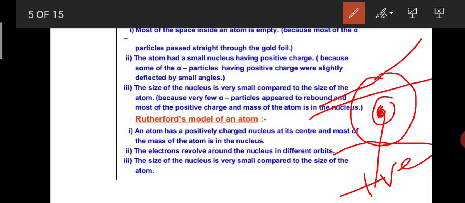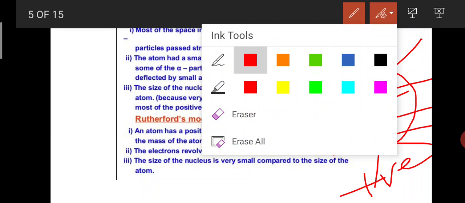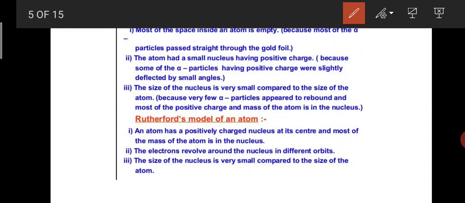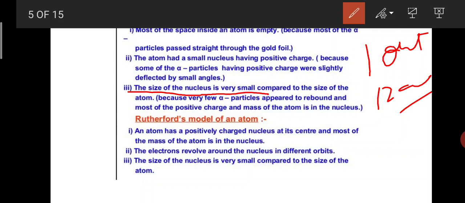And some rays go in a straight line. Okay. Now, third, a very few, 1 out of 12,000 alpha particles rebound. What does it mean? The size of the nucleus is very small as compared to the size of the atom.